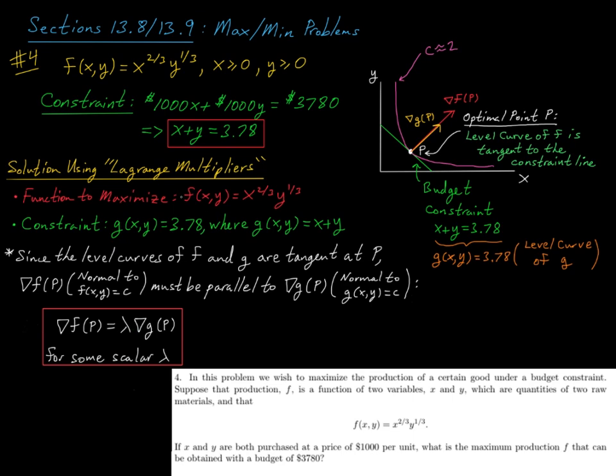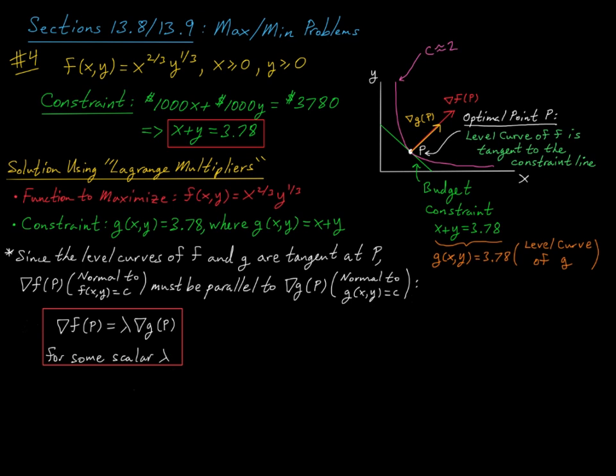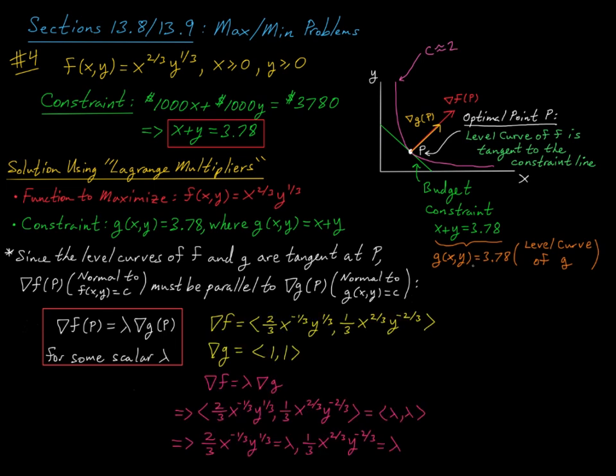Okay, so now, since I have both of these functions, let's go ahead and actually take this further and solve specifically for our max production. So here's the gradient of f. I take the x derivative of f as the i component and the y derivative of f for the j component. Here's the gradient of g. Since g is just x plus y, the x derivative is 1 and the y derivative is 1.